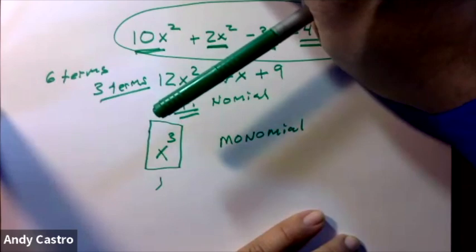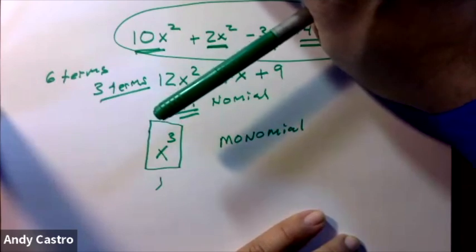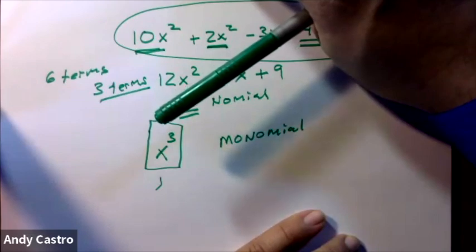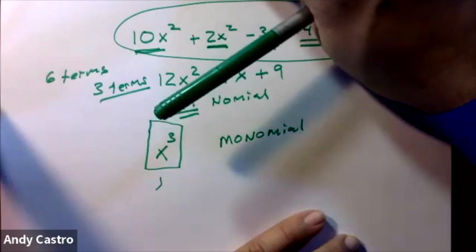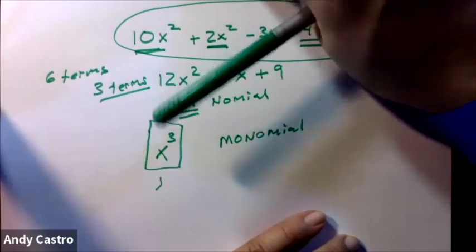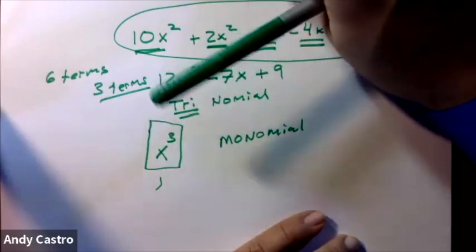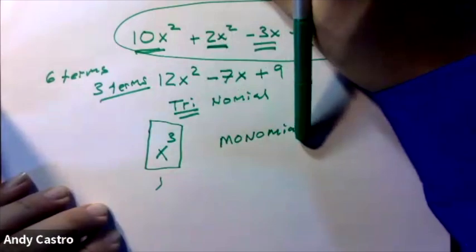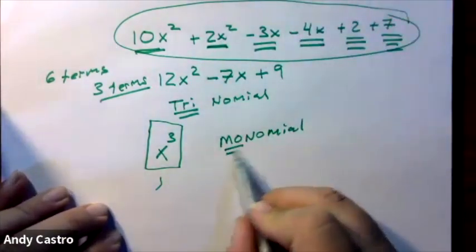Give me just a second. Okay, guess it's not in there. We're going to go with monomial, meaning one.